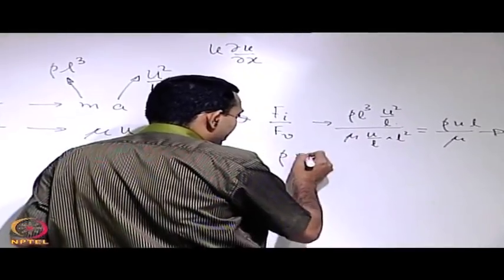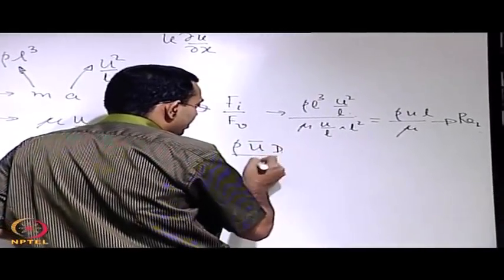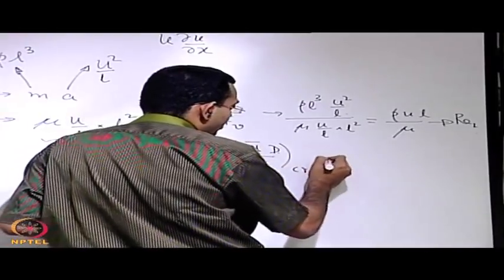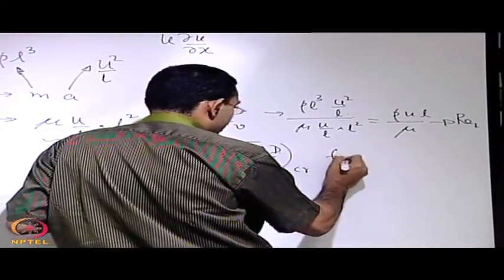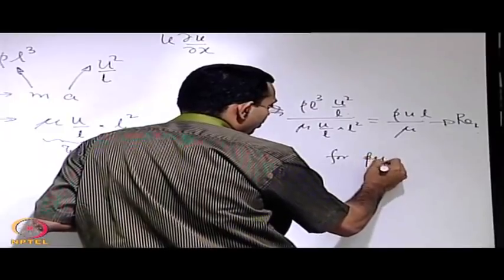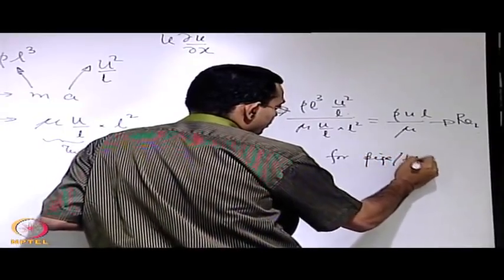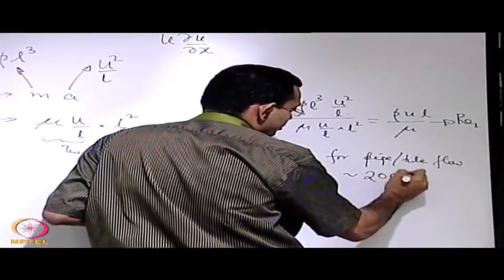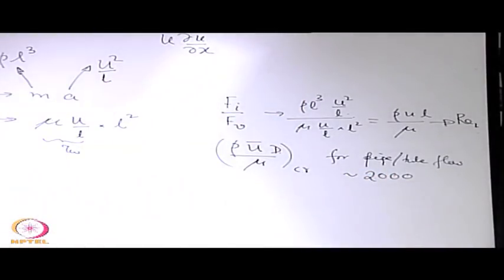So if you consider the average velocity and the diameter of the pipe, the value of the critical parameter for, say, pipe flow or tube flow was roughly of the order of 2000. It does not mean that it is exactly 2000, it may be 1700, it may be 2300.